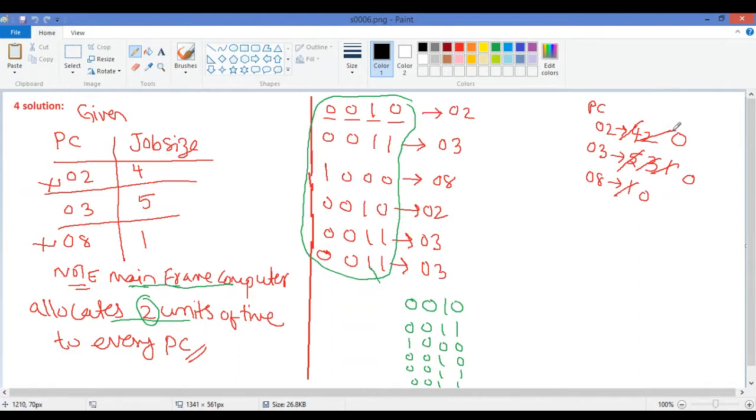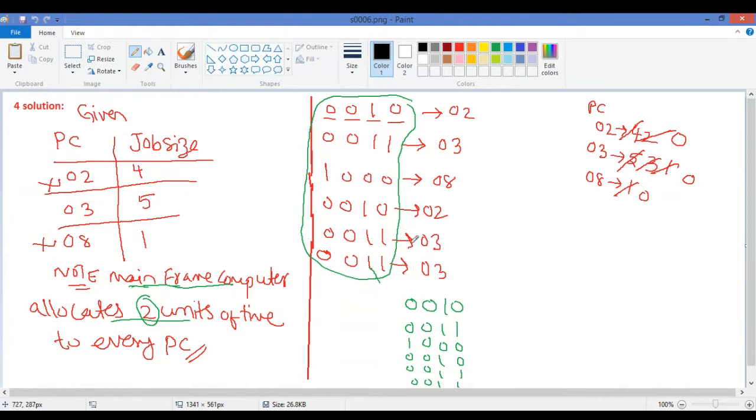When you go for 2 the second time, what happens? PC2 is finished completely, correct? But still PC3 is remaining, right? When you execute the second time, still 1 is there, means PC3 is not finished, it has 1 unit of work remaining.